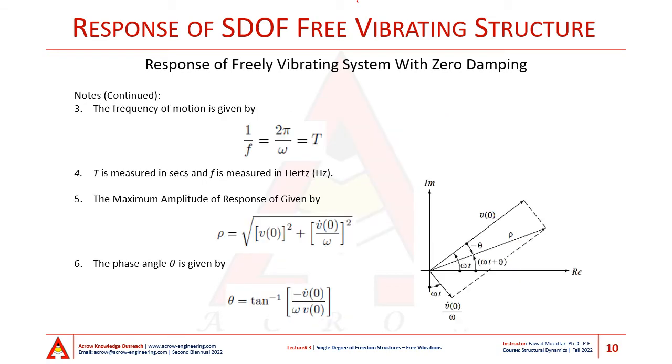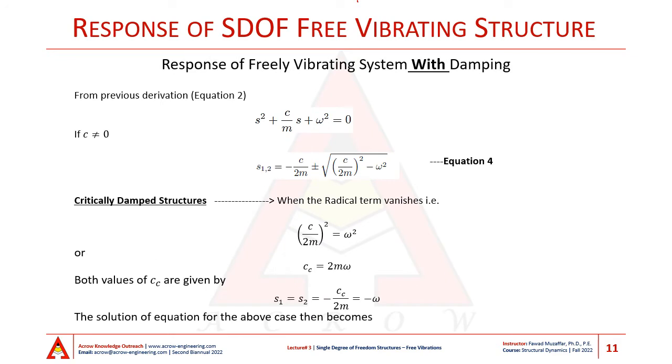And then we represented our equation of motion of a dampless freely vibrating system in the polar form in a complex plane using the representation on this slide. Now we finished off our last lecture when we were about to start talking about a single degree of freedom system with a finite amount of damping.